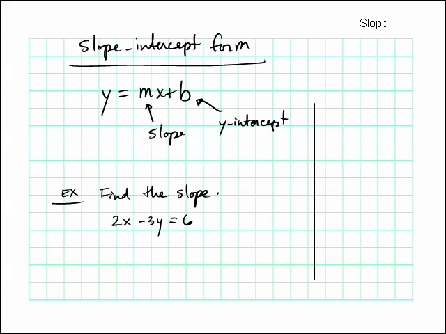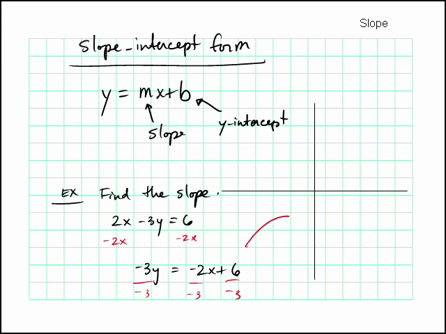And I want the slope of this line. Well, if I put it in slope-intercept form, I can find the slope. I'm going to solve this equation for y. Subtract 2x from both sides. Negative 3y equals negative 2x plus 6. Then I have to divide everything by negative 3, of course. Divide everything by negative 3.